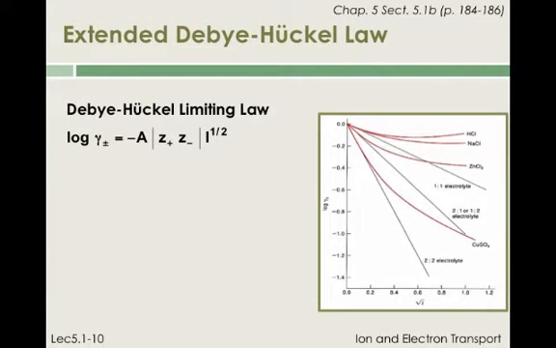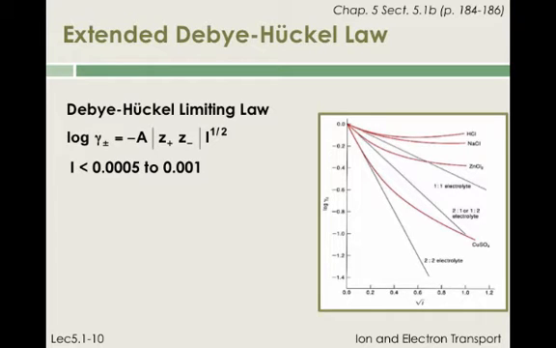Experimental studies have shown that the measured mean activity coefficient, shown in the red curve, only follows the theoretical predictions of the Debye-Huckel limiting law at low ionic strength, typically for I less than about 5 times 10 to the minus 4 to 10 to the minus 3.